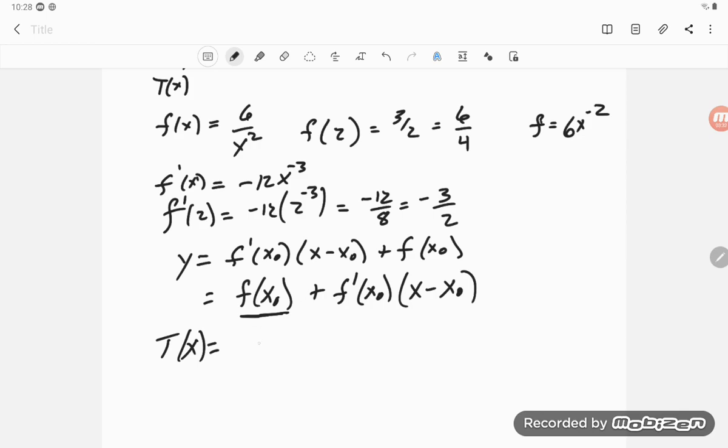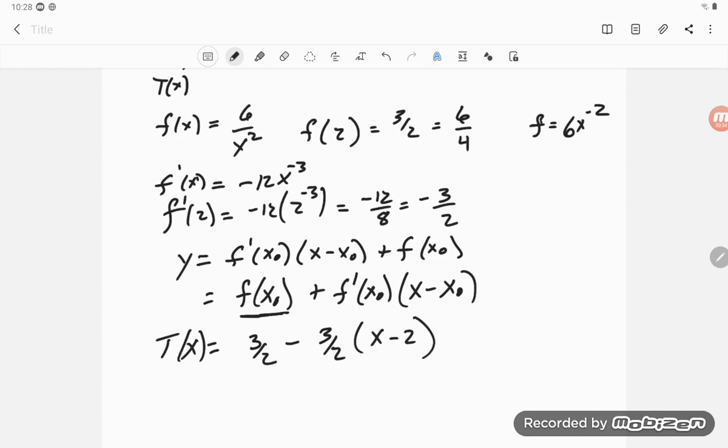So now our tangent line T of x is f at x0, so that was 3/2, and then plus, well, actually minus 3/2 times x minus 2.